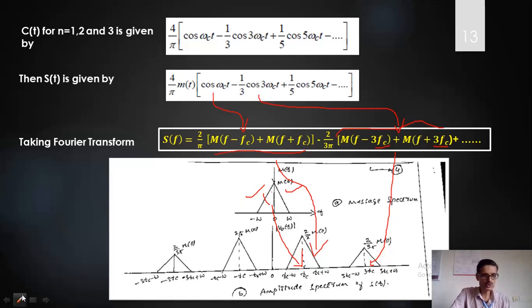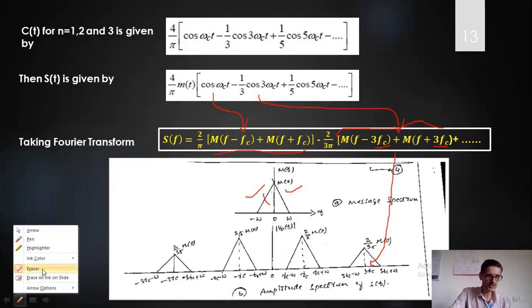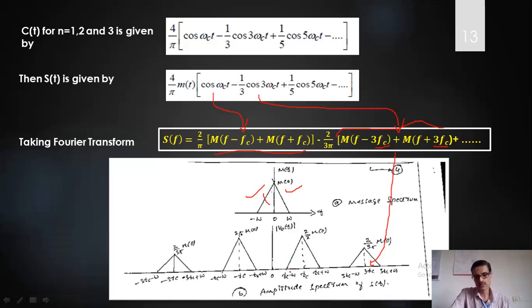Because I am interested only in the lower sideband and upper sideband centered around fc, in my circuit I also have a tuning circuit where I select only the lower sideband and upper sideband. So I design a band pass filter which has a frequency response something like this. I pass this S of f component through that band pass filter with this particular narrow response.